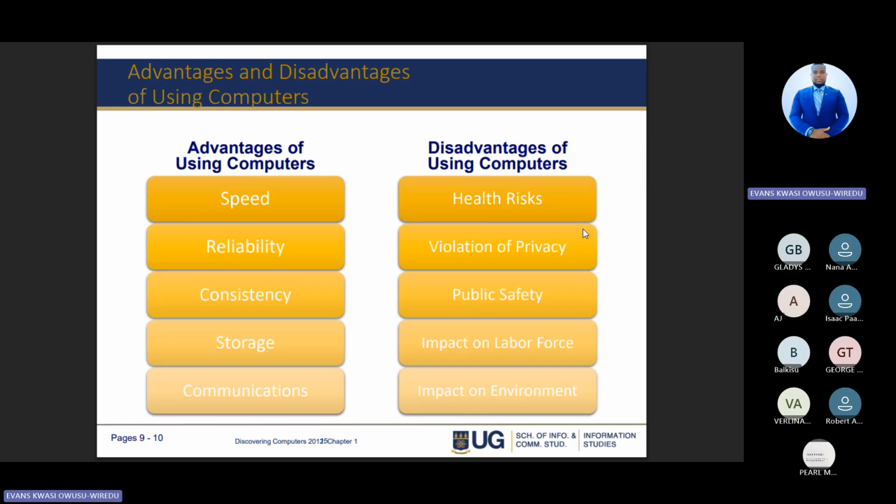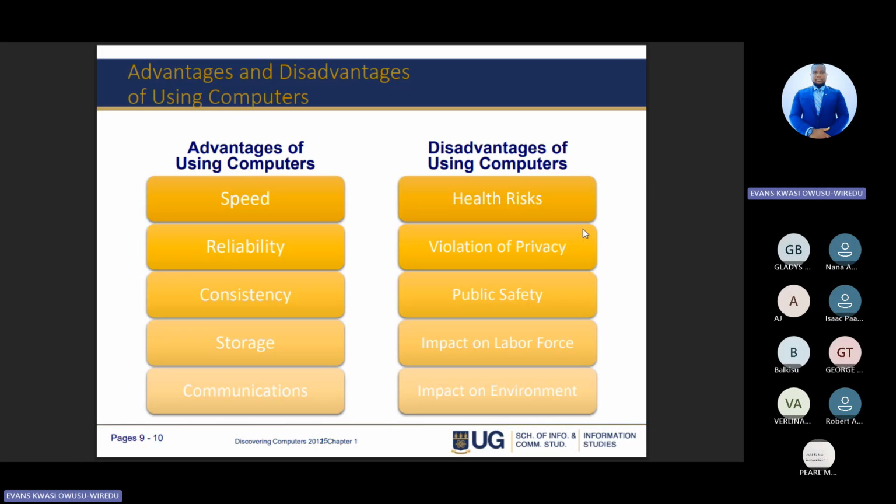Impact on the environment, right? Now we have people who are so focused on computers that they don't partake in communal activities because they have become antisocial. They don't take part in those things. It has impacted heavily on their social life, right? So if it is affecting them in their social life, then it's also affecting the environment itself, because if there is work that is supposed to be done on the environment to keep it safe for everyone to live in, and you are not partaking in it because you are focused on TikTok, right?